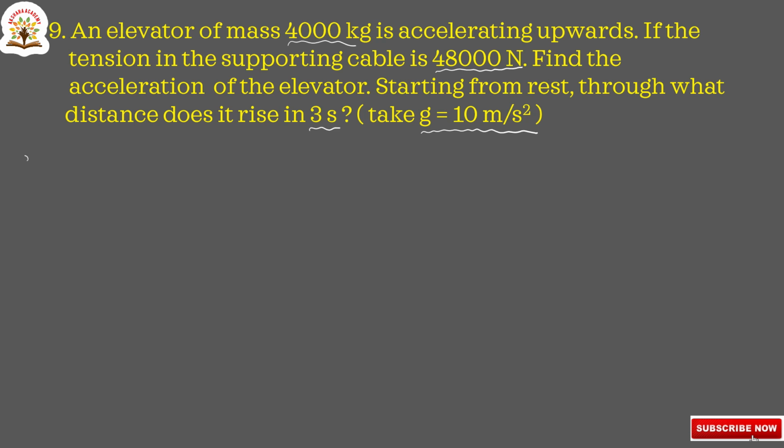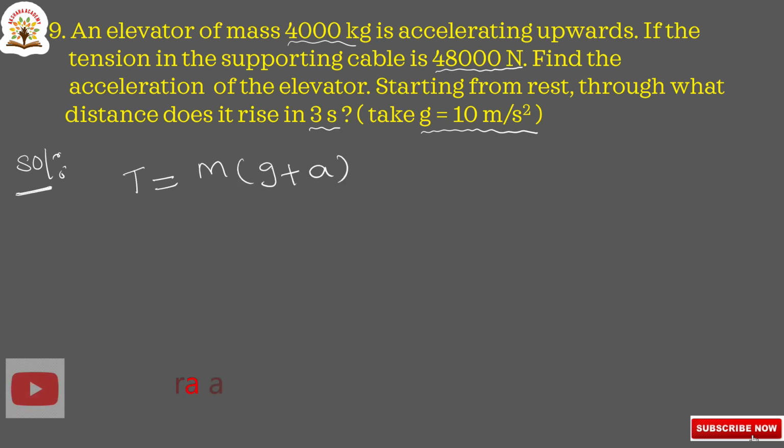Okay, let us go to the solution. Tension T is equal to m(g plus a). Now substituting T as 48,000, that is equal to m given as 4,000 into (g plus a), 10 plus a.